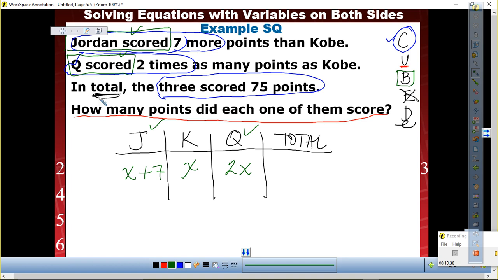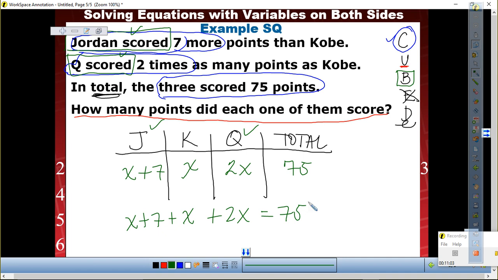In total, the 3 scored how much? Okay. Do you see the equation now? So underneath, you're going to write X plus 7 plus, how much did Kobe score? X. How much did Q score? 2X equals 275. You're like, bam, I like this.